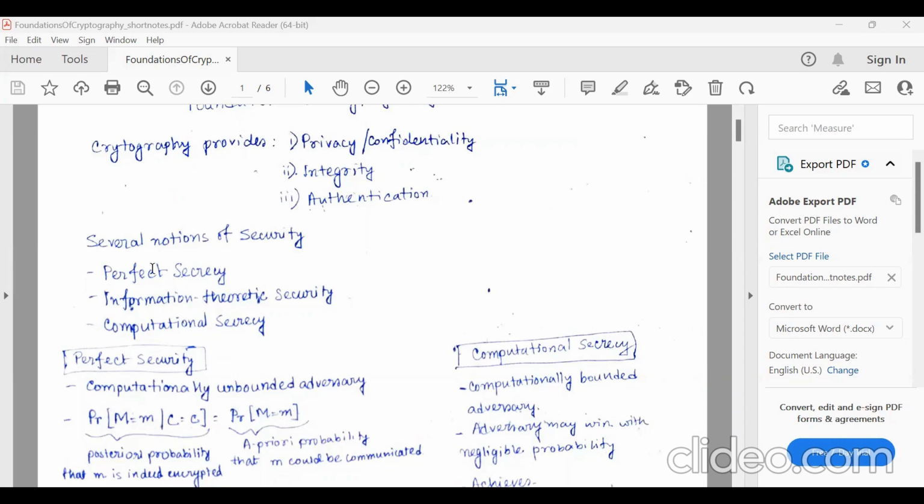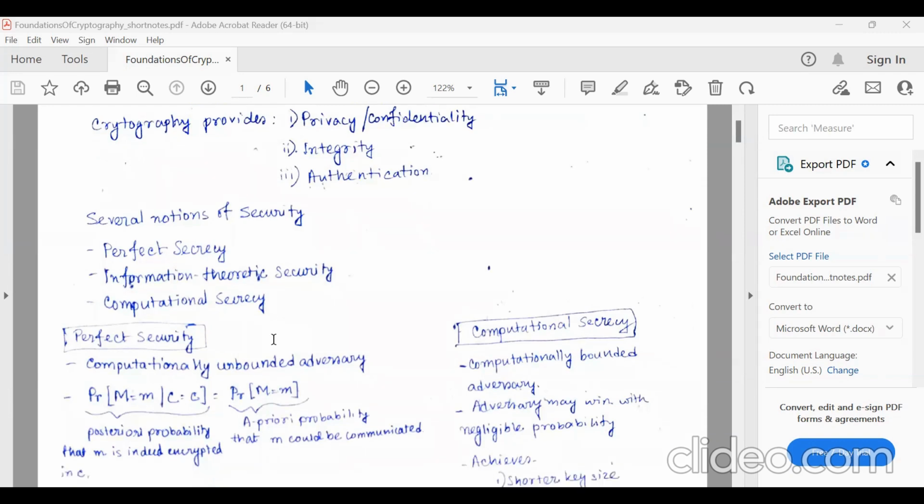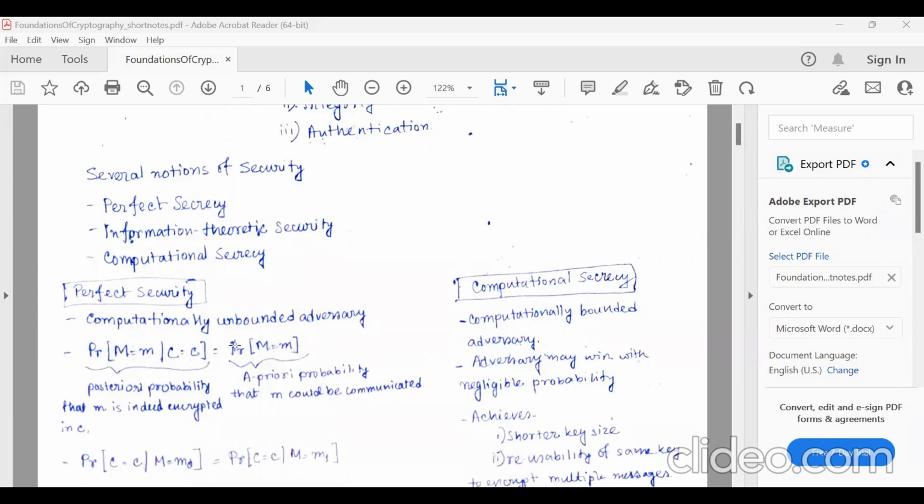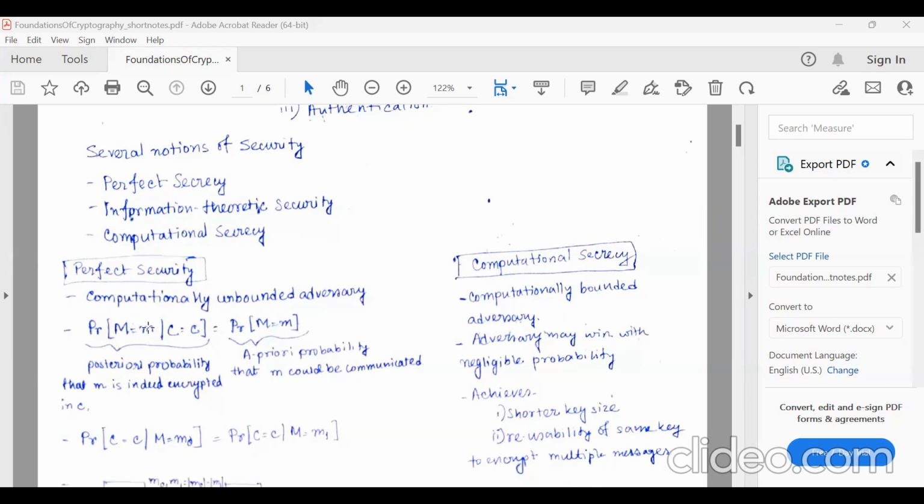It is just a theoretical concept. When we talk about perfect secrecy while communicating a message in encrypted form, we allow the adversary to have computationally unbounded power. It has no bound on the computation, so it can do any high level of computation that it requires. Even with that computationally unbounded power, the adversary should not be able to gain any meaningful information by observing the ciphertext.